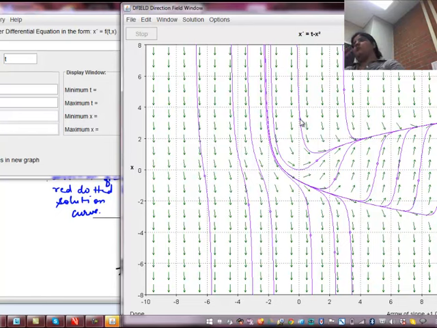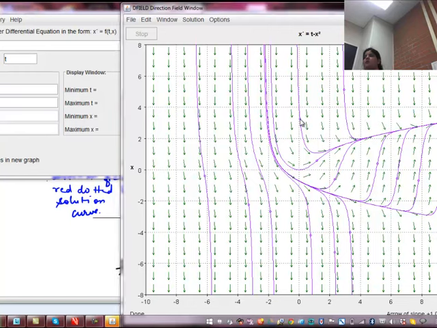That is true, but how is that not possible? And why? What will basically be the initial value problem if they cannot cross each other? If they cross each other, then what will happen?